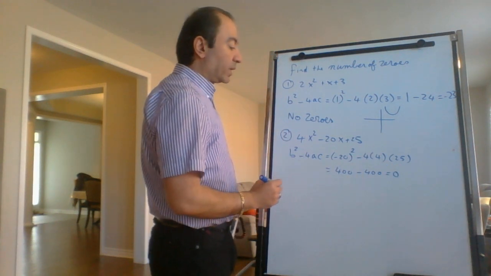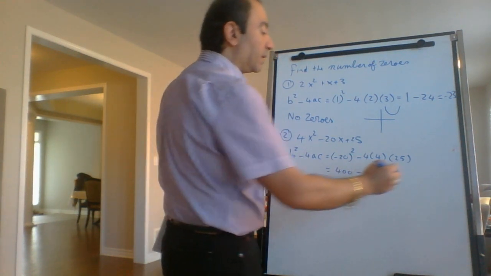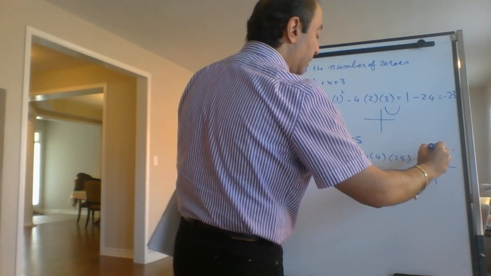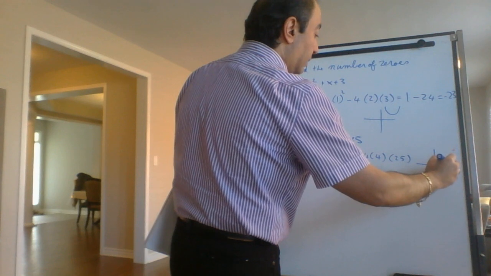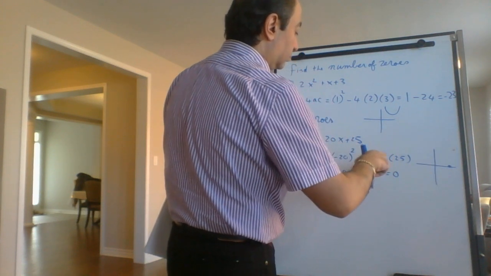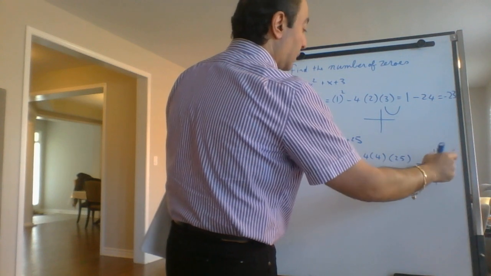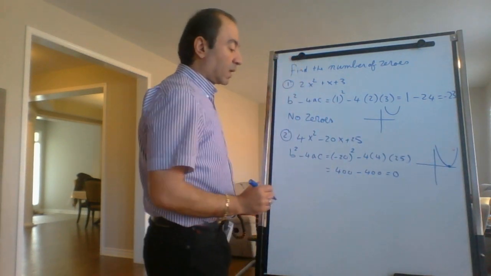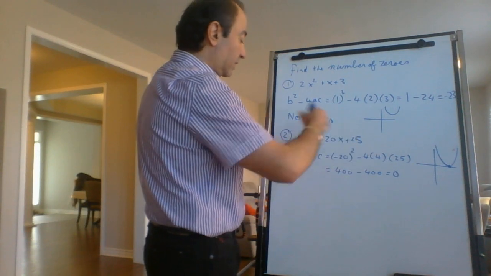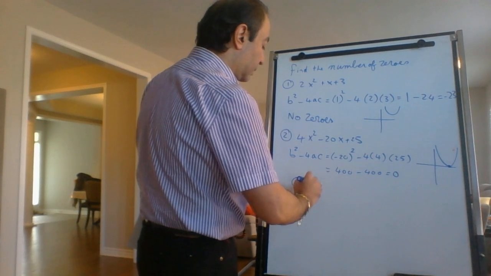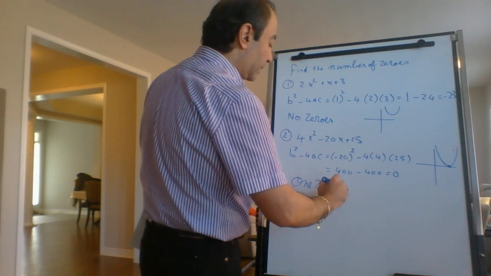We get b squared minus 4ac, the discriminant, equals 0, so that means we are going to have one x-intercept, at 5 here by the way, but it doesn't matter. We're going to have 1 root.